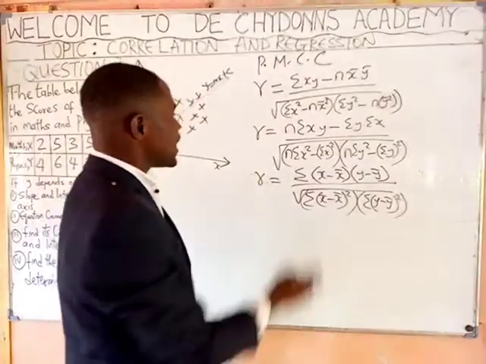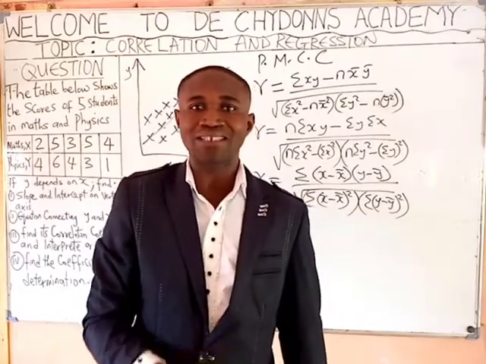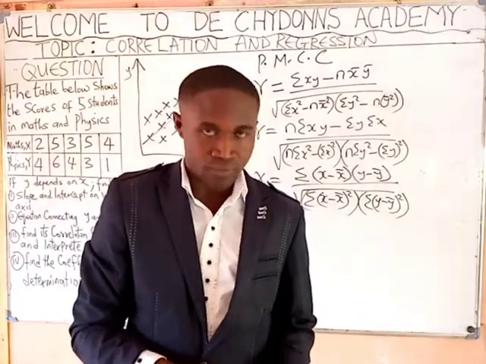So these are the formulas you can use. All of them will give you the same answer to one decimal place.